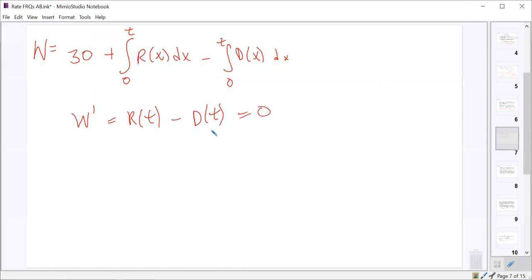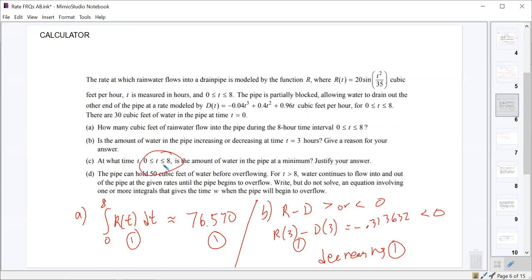Setting it equal to 0 using your graphing calculator to just figure out where those intersect tells you that R of t equals D of t at t equals 0, and also at t equals 3.271658.